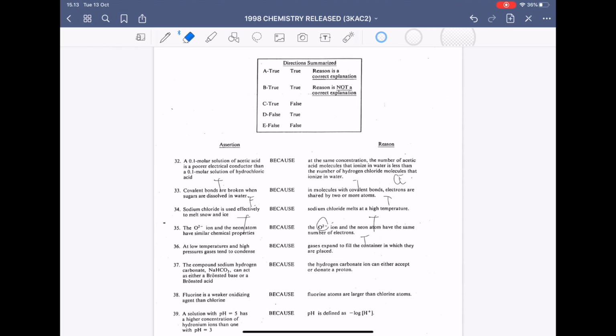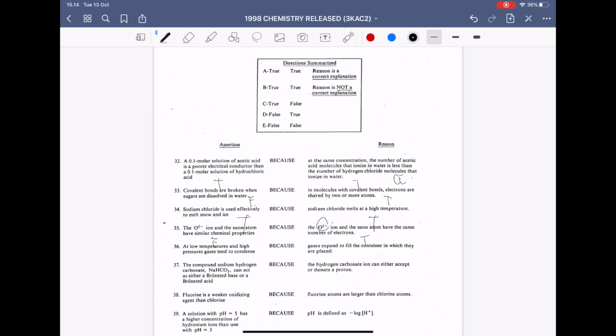However, although they have the same number of electrons, they do not necessarily have the same chemical properties. That's because neon is a noble gas, and noble gases are very stable, while the O2 minus ion is just an oxygen atom that has gained 2 electrons, and compared to a noble gas, it's less stable.